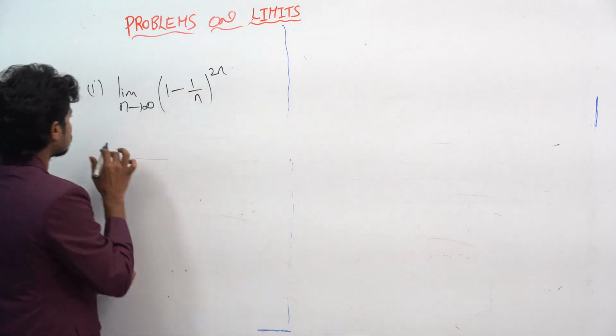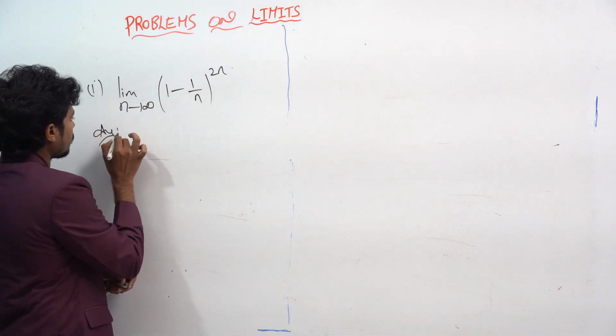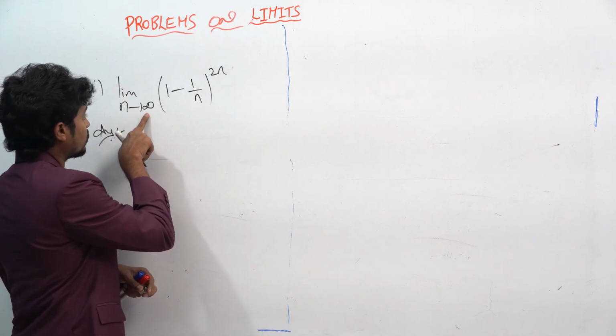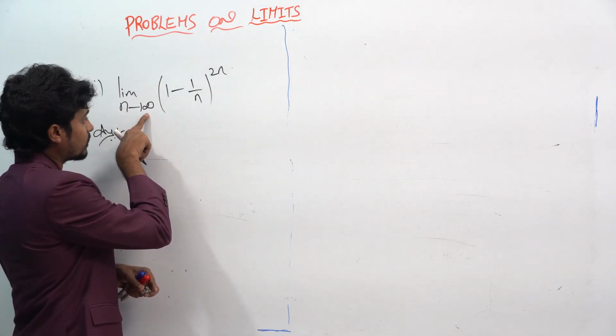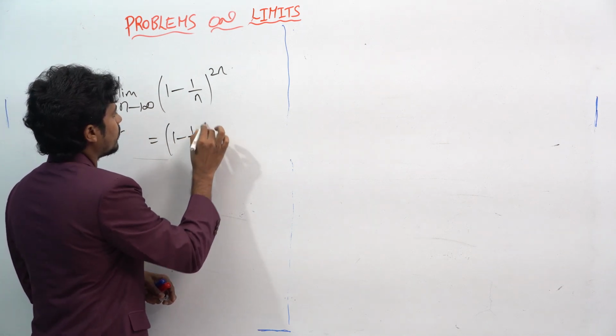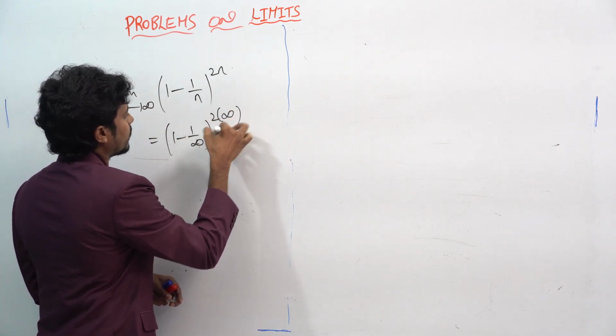Now substitute infinity in place of n. This will become (1 minus 1 divided by infinity) to the power 2 times infinity.